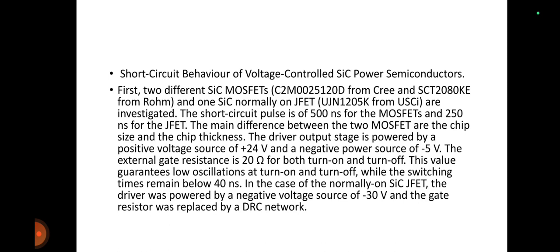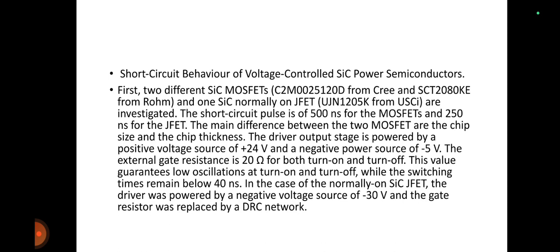The main difference between the two MOSFETs is the chip size and chip thickness. The driver output stage is powered by a positive voltage source of 24 volts and a negative power source of minus 5 volts. The external gate resistance is 20 ohms for both turn on and turn off.